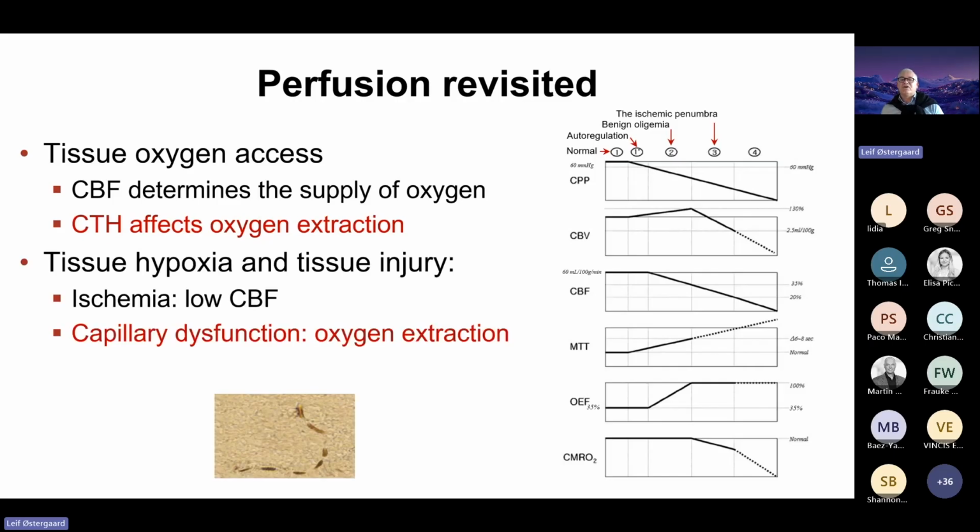And tissue hypoxia and tissue injury, ischemia means, it's Greek, means low blood flow. But if we have poorly functioning capillaries, then oxygen can be low irrespective of what CBF is, or it can be high, as you also saw in one of the cases.